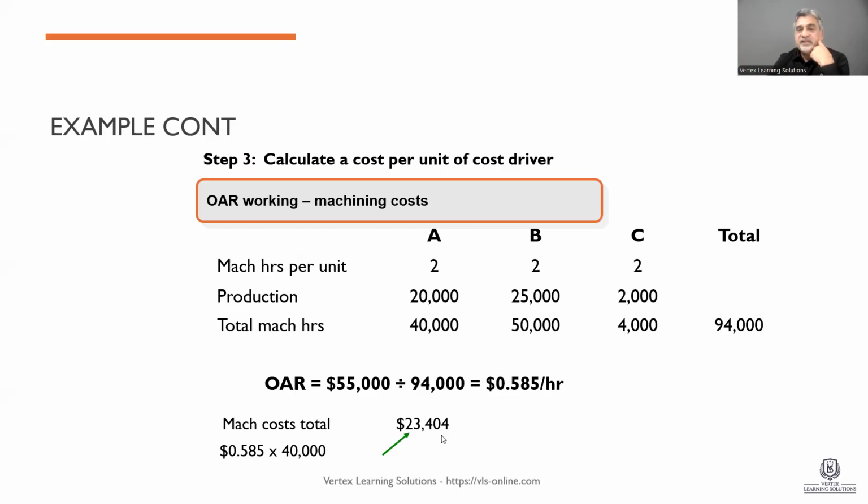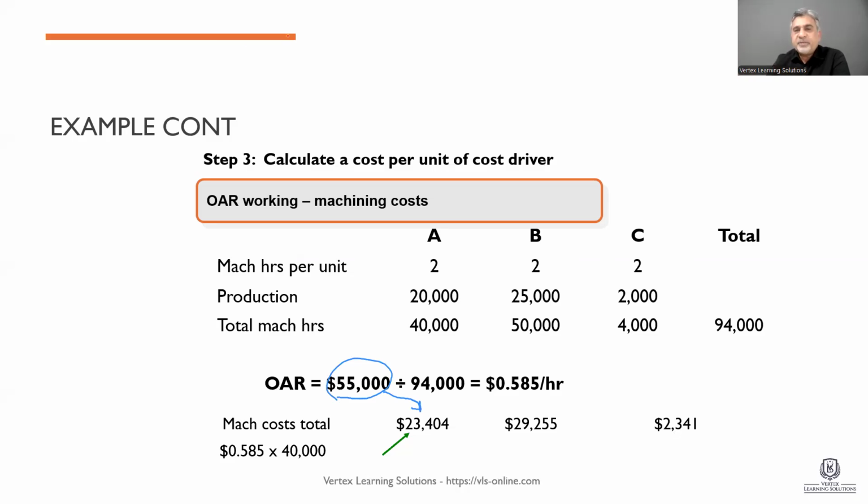So out of this 55,000, $23,000 you give to product A. Product B is taking 50,000 hours. So 50,000 multiplied by 0.585 gives me 29,000. And product C only takes $2,000 from machining overhead.